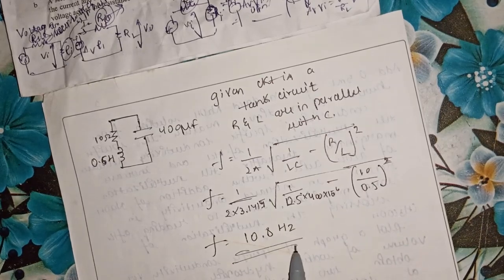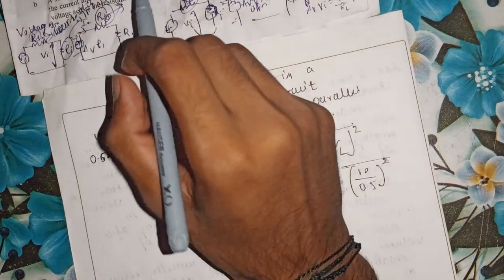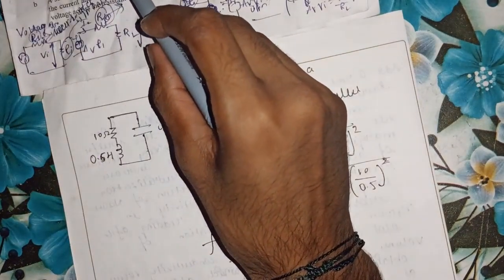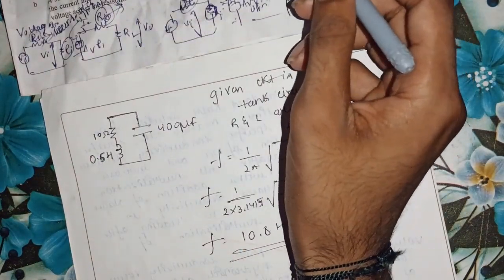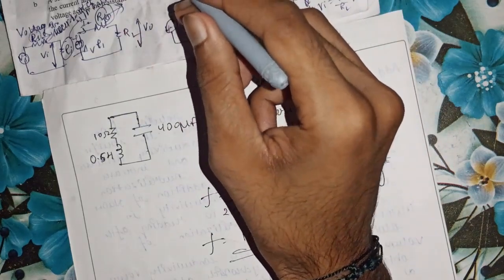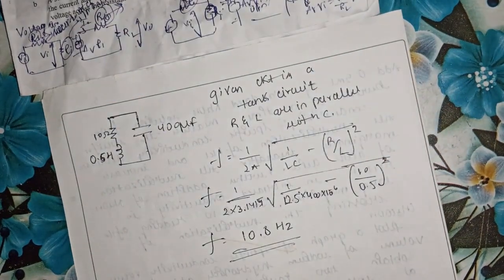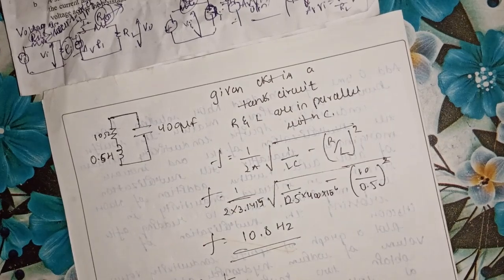And now another question statement is that you have to calculate the value of impedance as well. In order to calculate the value of impedance, obviously the direct formula is L divided by RC.